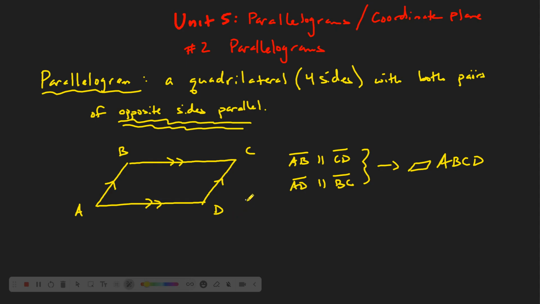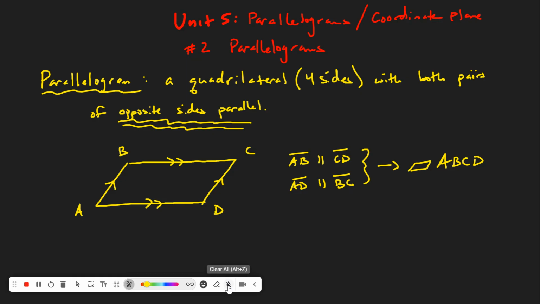So now, a parallelogram has four more properties that we're going to discuss, aside from this definition. Okay, so properties of parallelograms. And again, I'll try to keep this up here as much as I can. Feel free to use the symbol if you want to.